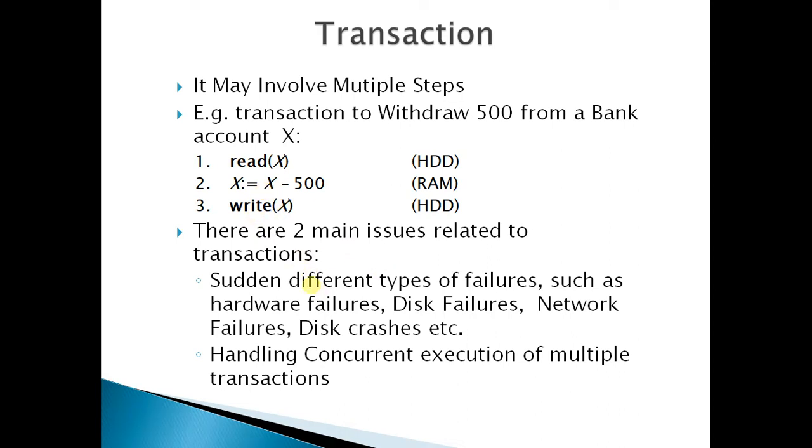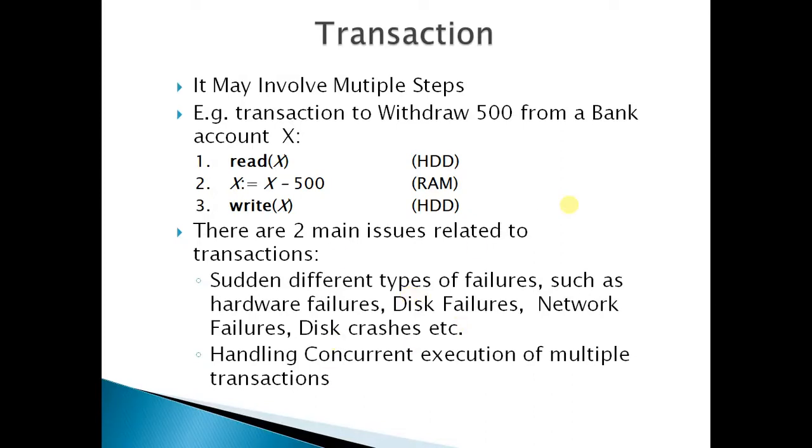Now when we are dealing with transactions, there are two main things to be taken care of. Number one, there can be different types of failures during the execution of transactions, such as your system hardware may fail, your hard disk may crash, your network may fail, or any other type of error might come. Secondly, in today's environment, there can be multiple transactions executing in a system, and many of them can be operating on the same data item.